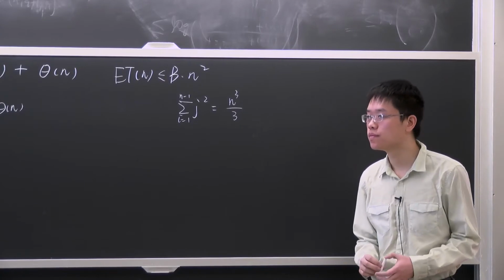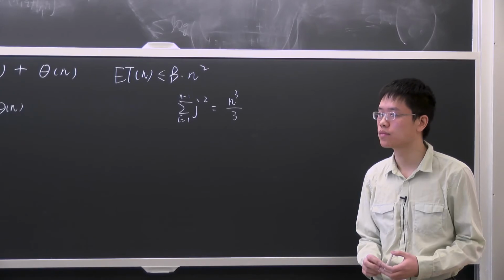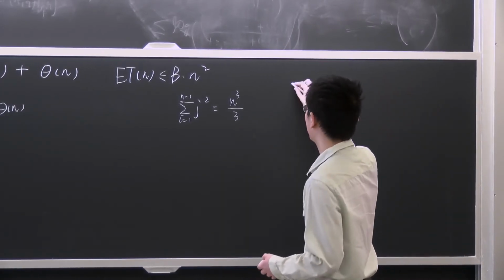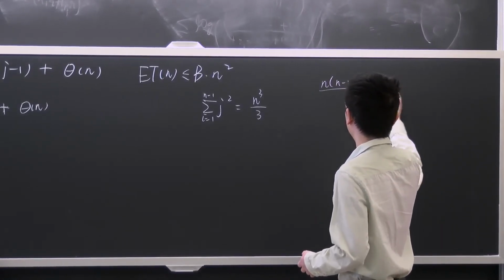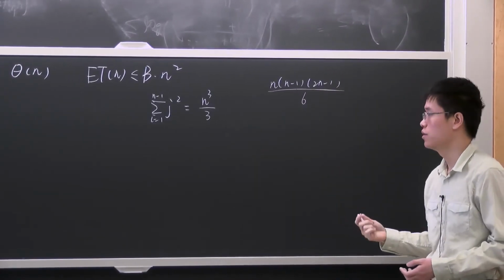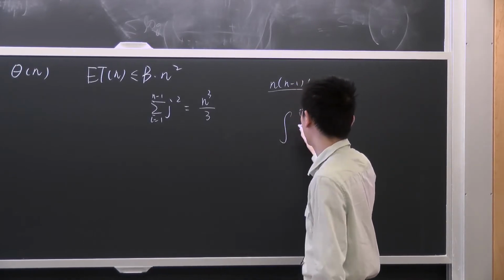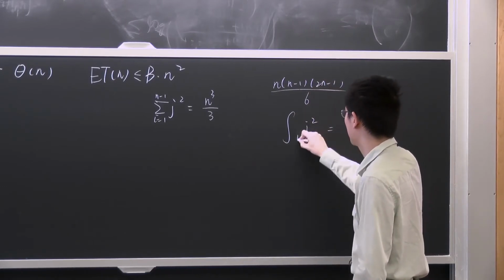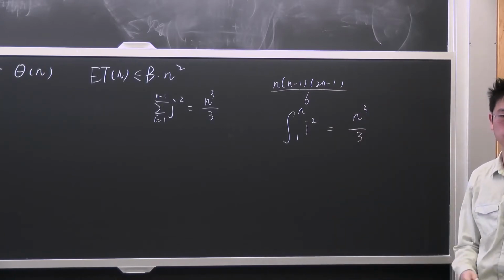It's n times n minus 1 times n minus 2 over... I think you are correct. There is a formula which is, yeah, I don't remember exactly, but it's roughly this, right? If you know this, then you definitely see that. If you don't, we can turn this sum into an integral, right? And that is n cubed over 3. Make sense?